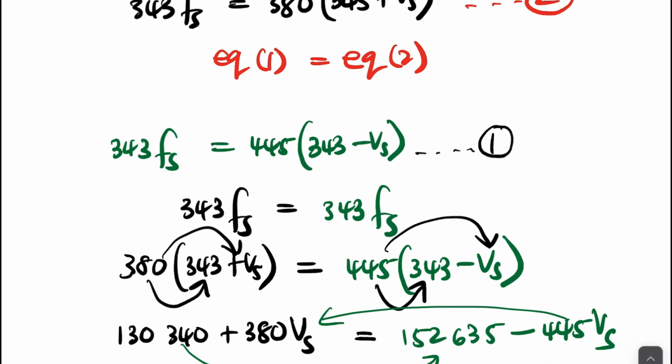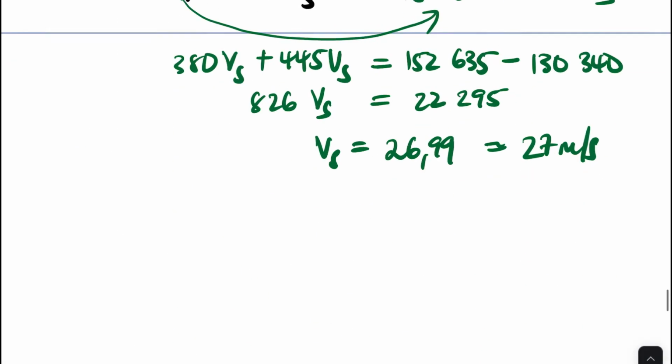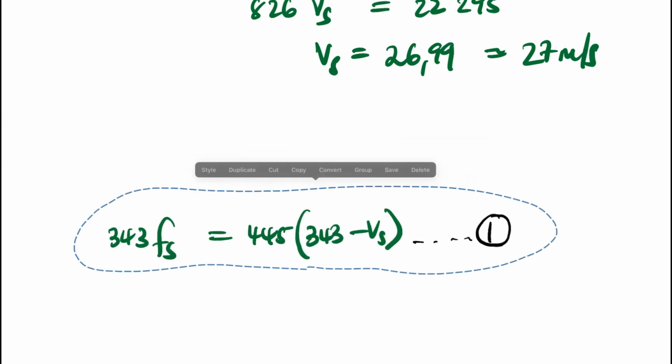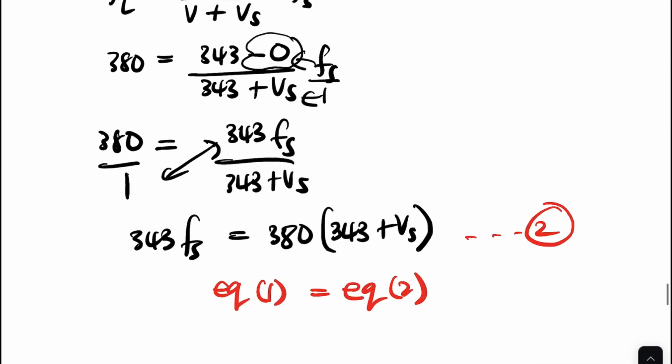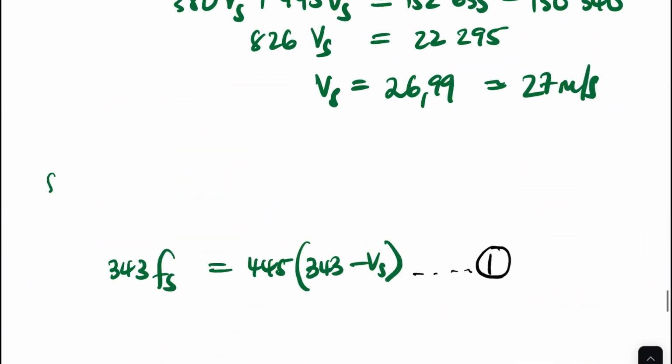Let's take equation 1 since I already copied it. So let's cut and paste it here. Now that we have the velocity of the source, we'll just substitute it here and get this guy.